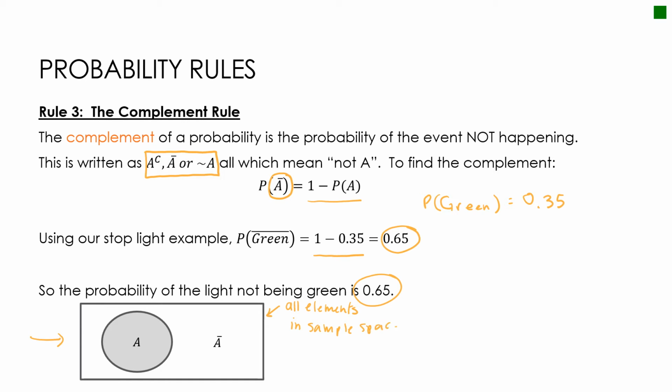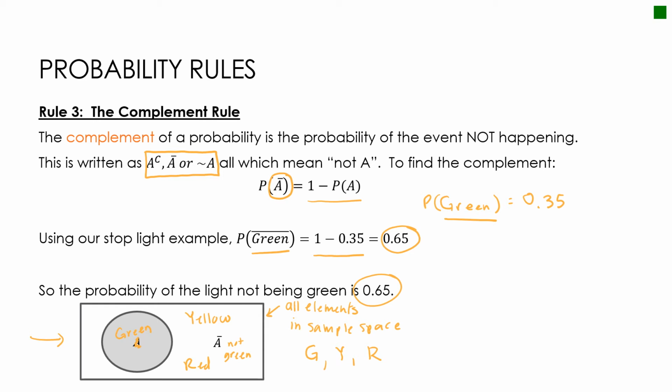So if I'm looking at the light, I either get a green, or I get a yellow, or I get a red. So if I'm looking at this particular example, and I'm looking at the probability of green or not green, then this would be green, and out here would be not green, aka yellow and red.